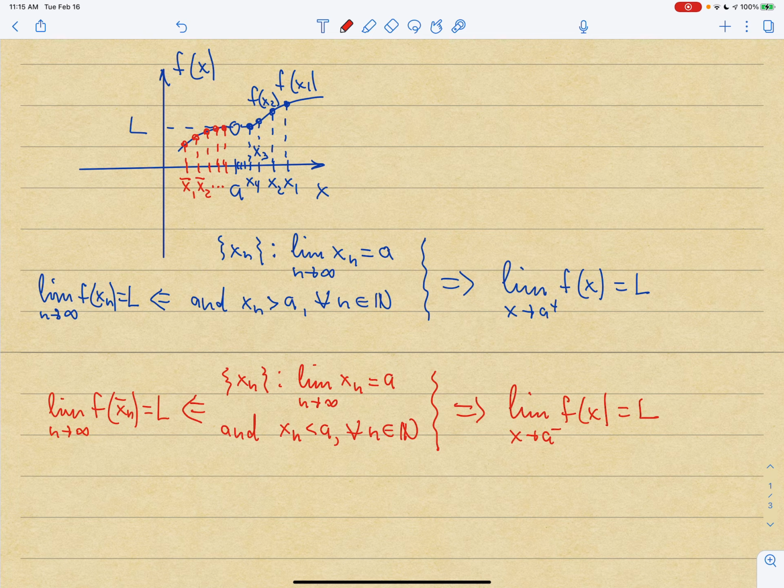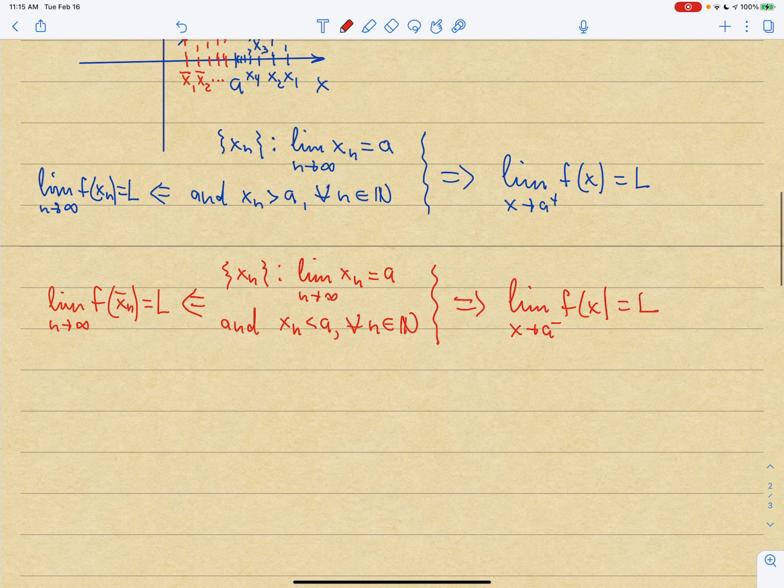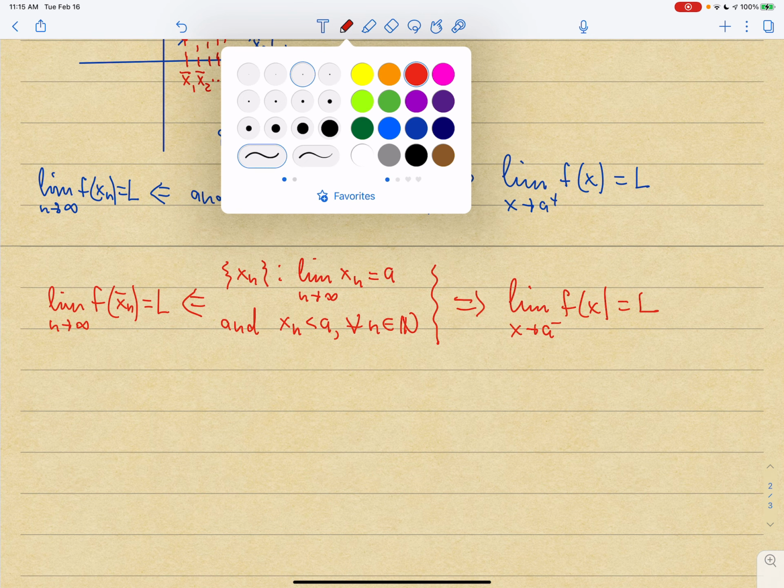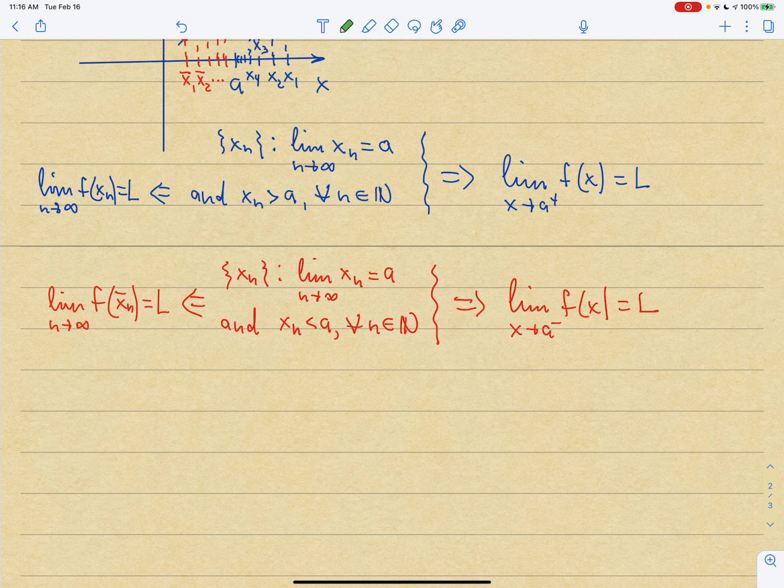So let's write it down as well, maybe in a different color. Let's say xn is such that the limit as n goes to infinity of xn is equal to A. And it doesn't matter where xn is located.